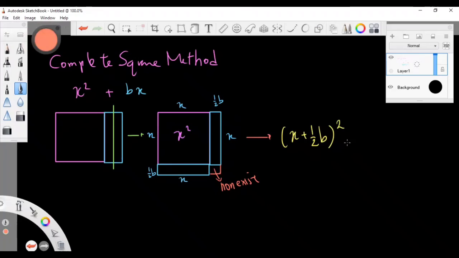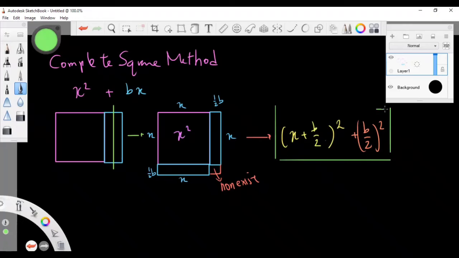So what is the non-existent part? Half b bracket square, or b over 2 bracket square. Or you can just write like this. I think this will be easier to see, not half b, but b over 2. So it's more simple, right? That's all. So this will be our pattern of perfecting the square.